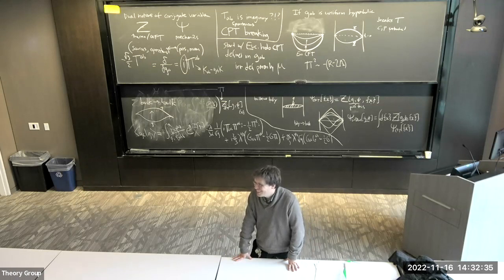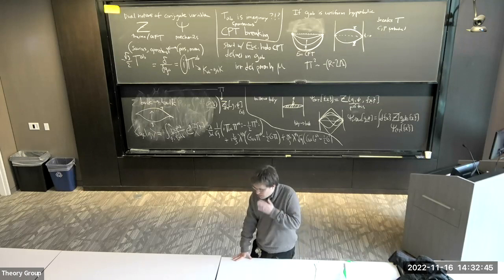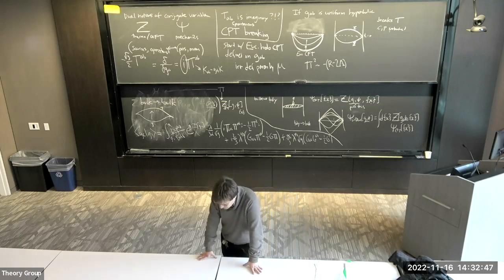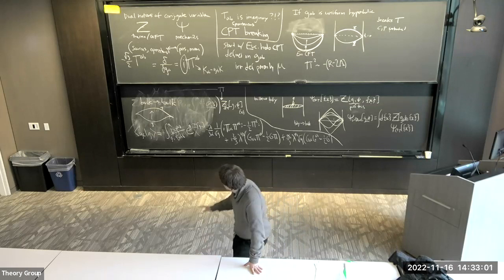So your initial TT bar model works for any quantum field theory, holographic or not. It wouldn't have to be pure gravity, right? In principle, a lot. But if you want to be working in a regime where we have confidence that we can do computations, then you want to either be doing this d equals 2 deformation, or you want to be doing the large n thing, which allows you to factorize.